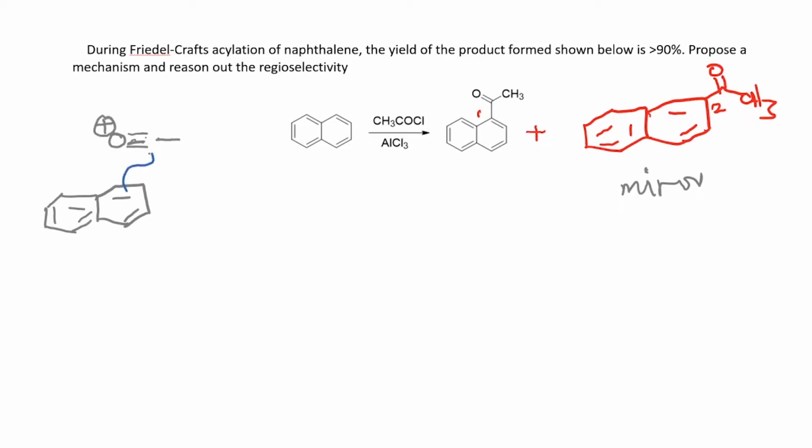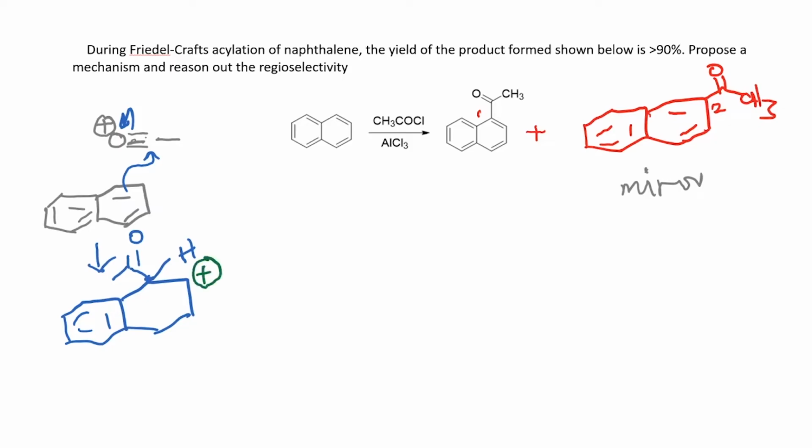So the attack happens at this carbon, and then there's a movement of electrons, and so the resulting product that is formed is actually the one as shown here, right? So you have the H here, and you have C double bond O CH3, right? And that's hooked up to this carbon over here, and then there is a positive charge that develops here, and there is a double bond.